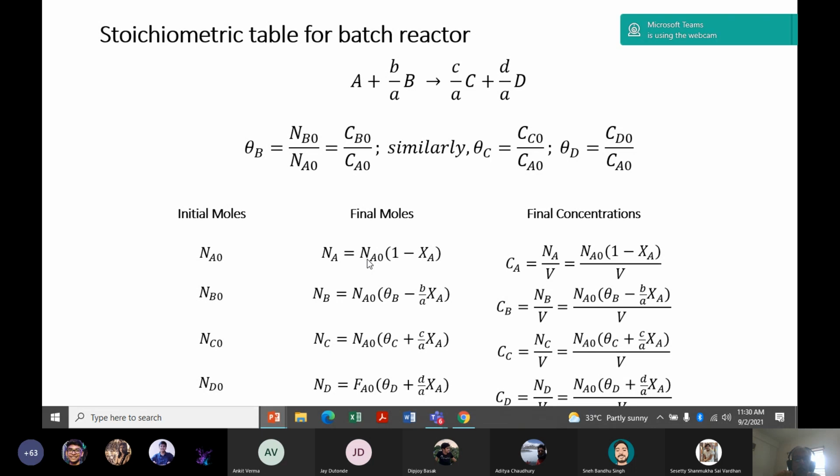So the initial mole is Na0, and the mole change is Na0 times Xa. What is Xa? Xa is the conversion. That is, if we supplied 1 mole, the fraction Xa will be converted. So it is fractional conversion, say 10%, 20%, 30%, up to 100%. NB0 is the initial mole of B, and NC0, ND0 are the corresponding moles.